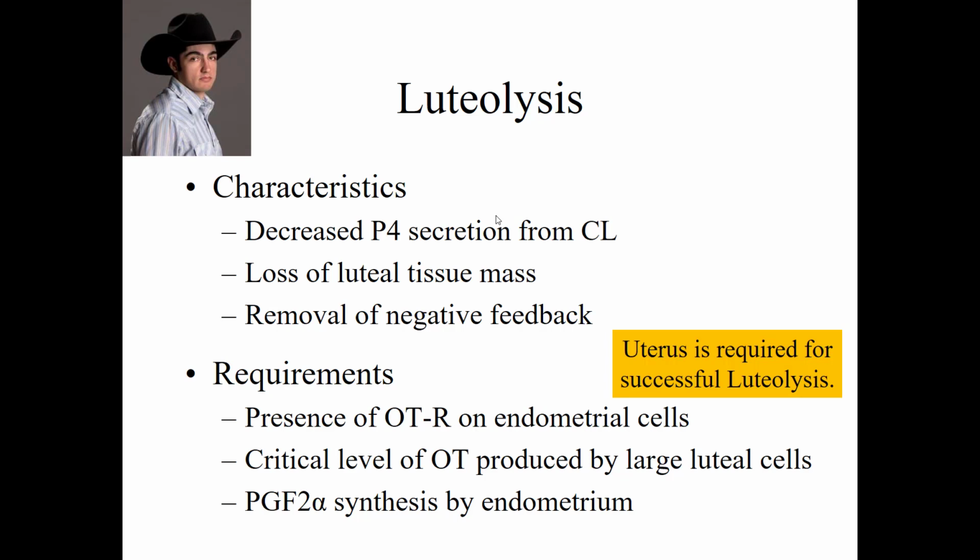We have to make sure that we have a critical level of oxytocin produced by those large luteal cells. And finally, prostaglandin F2 alpha has to be synthesized by the endometrial layer. All of these things have to come together and be in place for luteolysis to be successful.